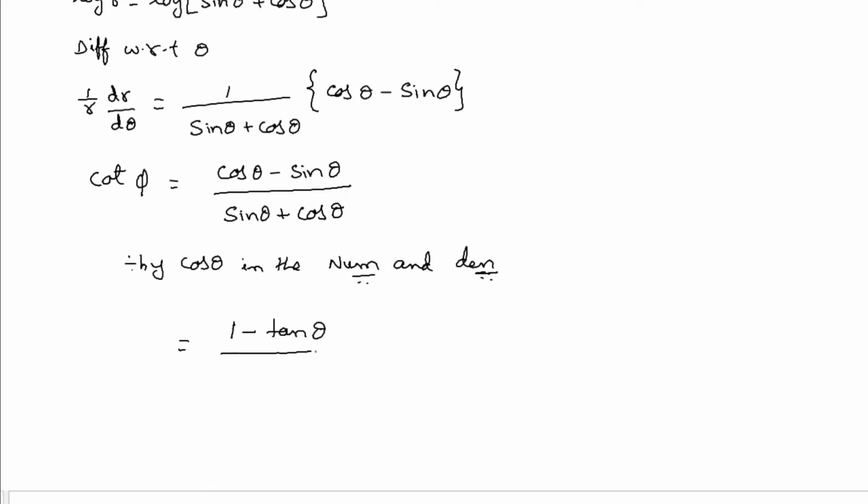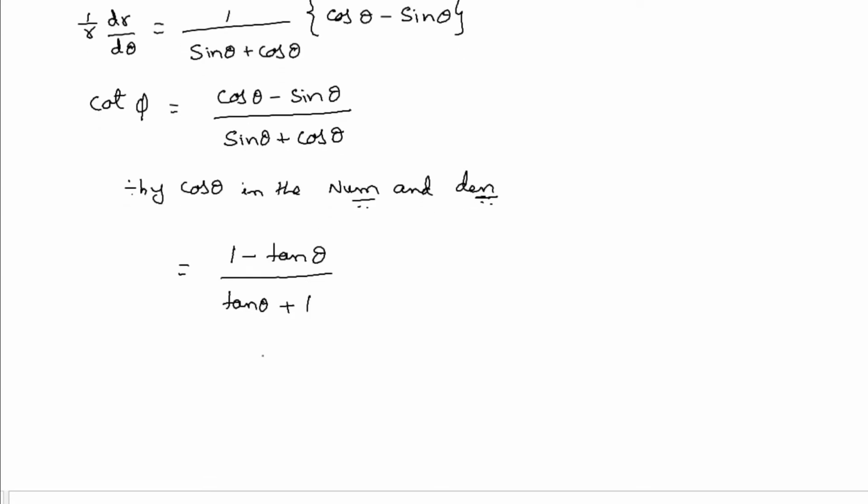In the denominator, sine theta divided by cos theta gives tan of theta, plus cos theta divided by cos theta gives 1. So its value will be 1 minus tan of theta divided by 1 plus tan of theta.